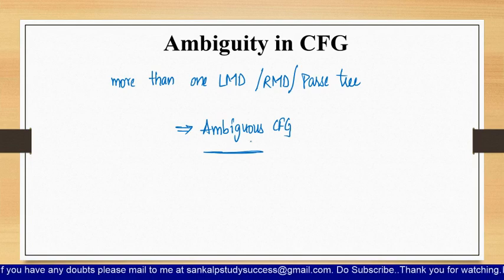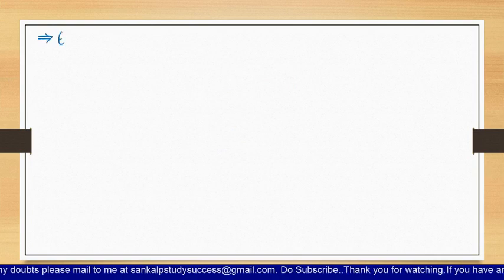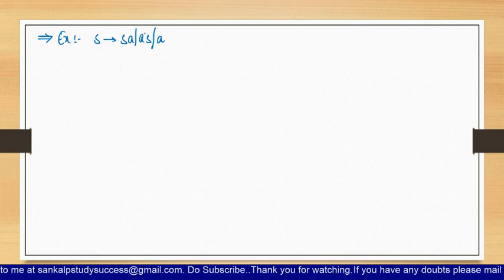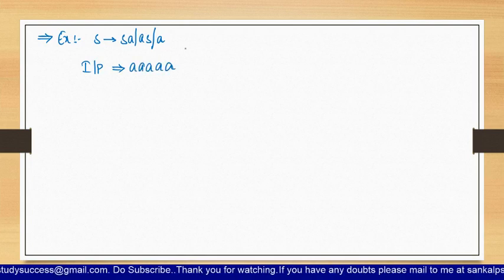Now let us take one example so that it will be much more clear. Let me consider S tends to SA or AS or A. This is the context free grammar which I have, and let me consider the input string as 5 A's.